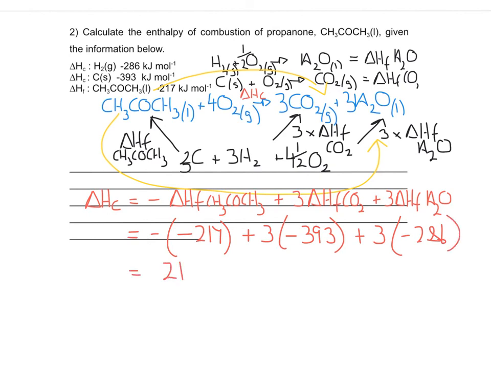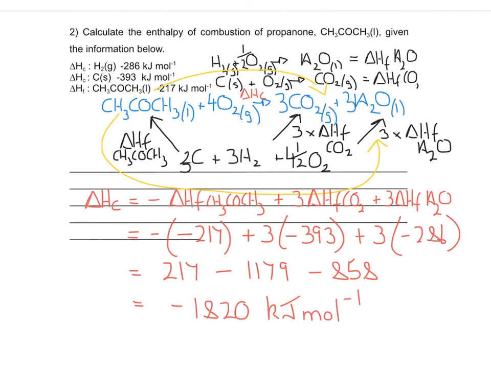Now this will end up as 217 minus 1179 minus 858. And when we plug that into the calculator, we'll find then that our final answer is minus 1820. It's a combustion reaction, and we would expect a combustion reaction to be exothermic.